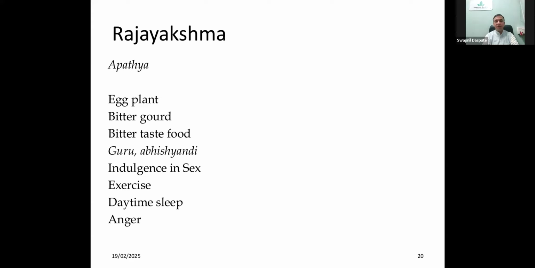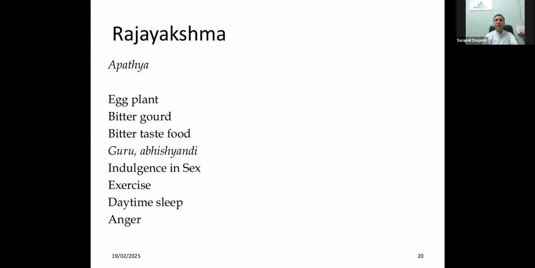Now, coming to your question about giving Rasayana to patients who have tested positive in the past, it can be done. If the patient is willing to take the Rasayana for a longer duration, we can certainly give it. However, since we have medical advancements at hand, a test can be done to ensure that it has not come back.